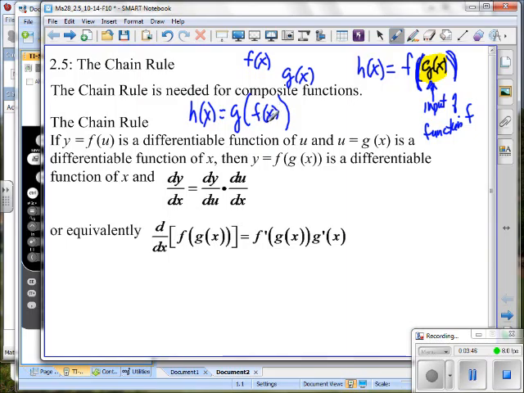I'm going to start with f of x, get an answer from that, and put that answer into function g. So g is the outside function. Kind of sits out there, doesn't it? And f of x is inside. It kind of sits inside. So my terminology is accurate when I use those words there. We have to understand this in order to do the chain rule. And so the whole section of 2.5 is the chain rule.